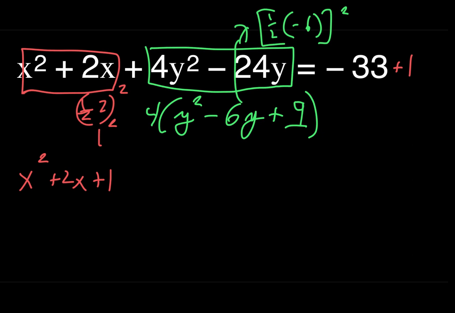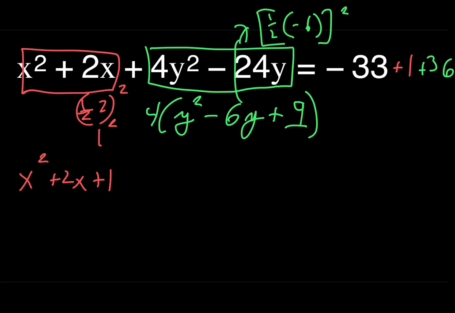An instinct would be to write over here plus 9, but that would be wrong. And here's why. I have all of this inside here being multiplied by 4. So what I really added to the original equation was 36.